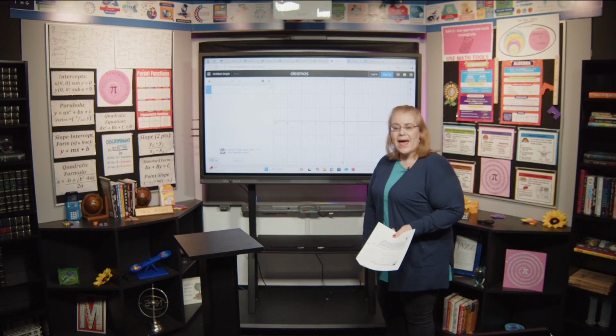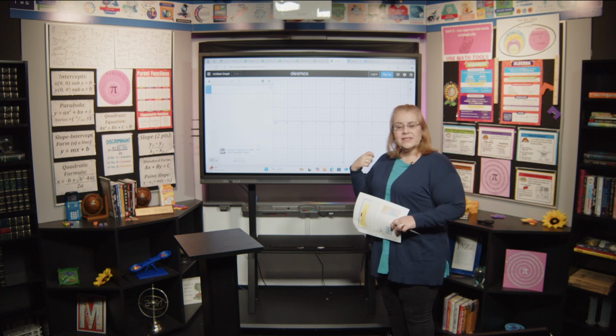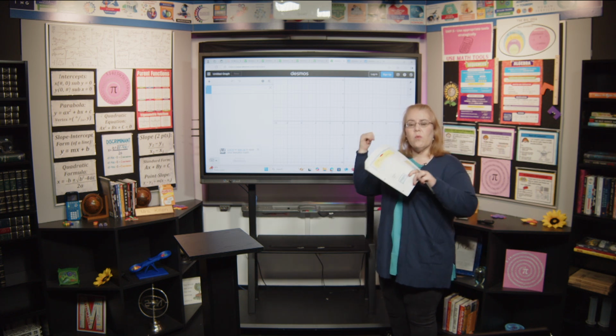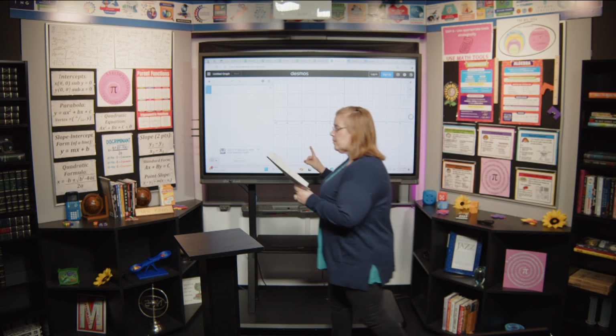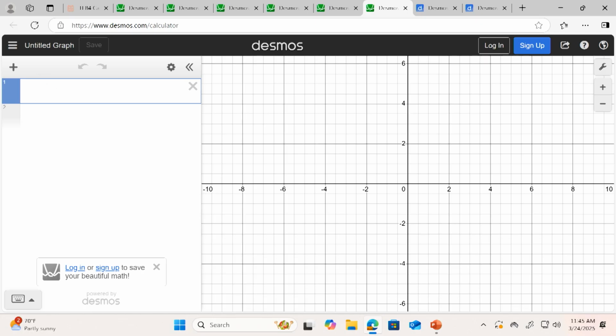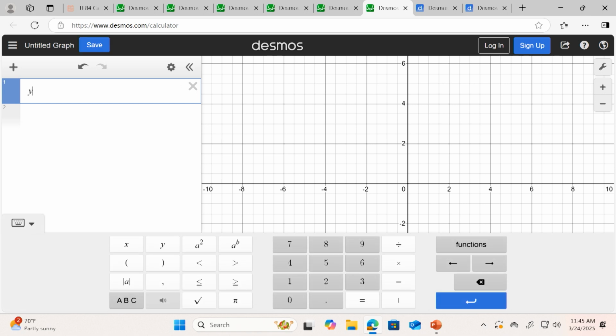All right, so we're back. We're going to throw this on our Desmos to see if what we've got matches what you did on your notes page. So let's go ahead and plug it in. If I would have gotten this in slope-intercept form, it would have been y equals negative 3x minus 1 for the first.